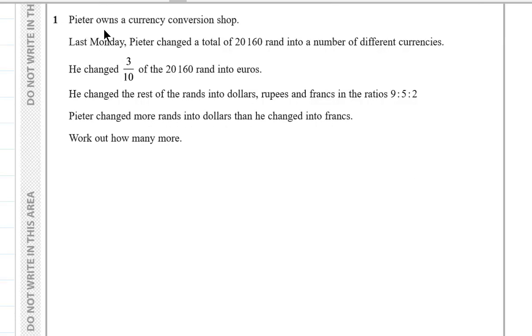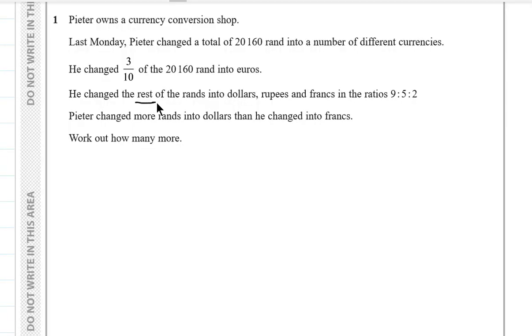1. Peter owns a currency conversion shop. Last Monday, Peter changed a total of 20,160 Rand into a number of different currencies. He changed 3/10 of the 20,160 Rand into euros. He changed the rest.